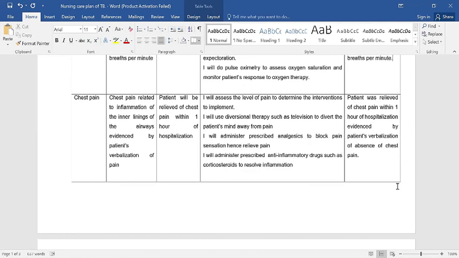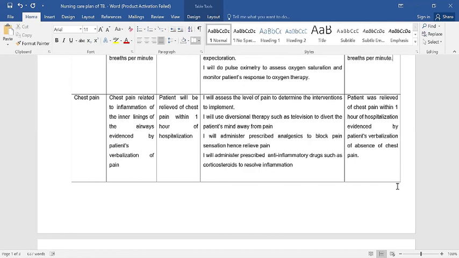Remember, one of the four cardinal signs and symptoms of inflammation is pain. So there will be pain in the chest. So that is why we are going to go with the next problem, which is chest pain.